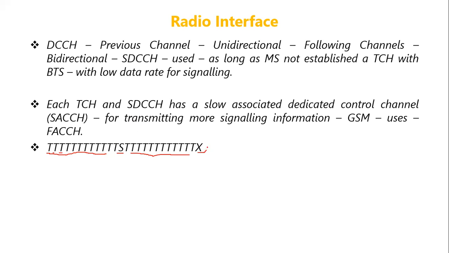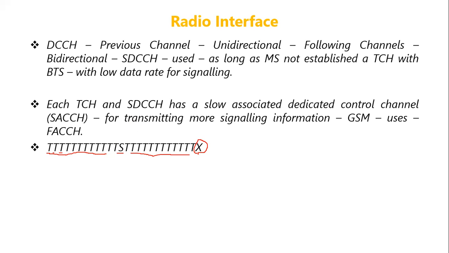This X, or cross, represents an unused slot. This pattern will continue: 12 slots of user data followed by signal data, and again 12 slots of user data followed by an unused slot.